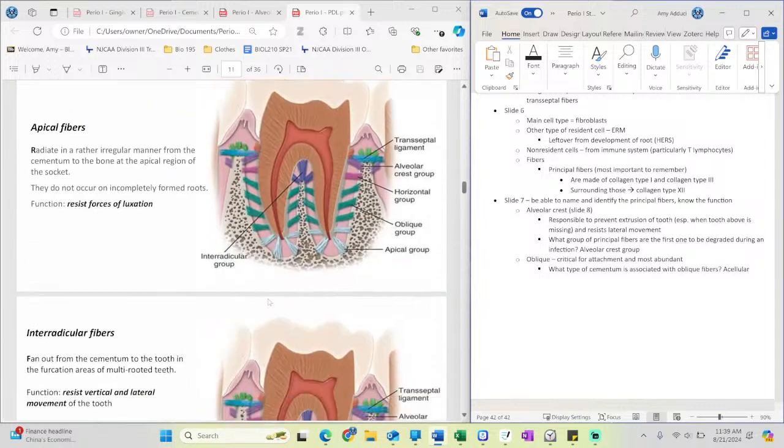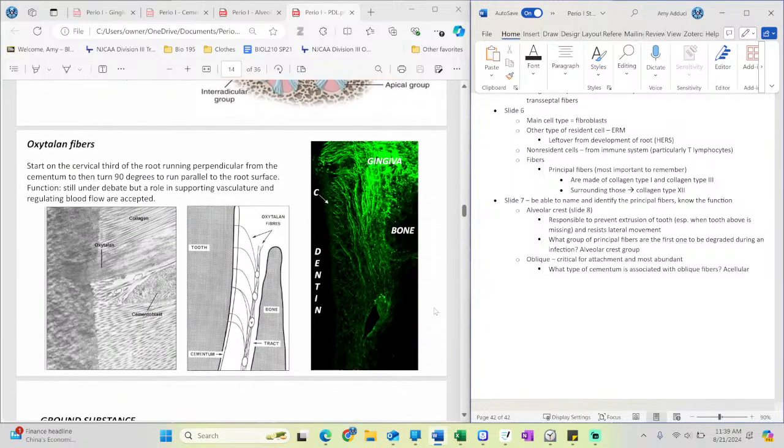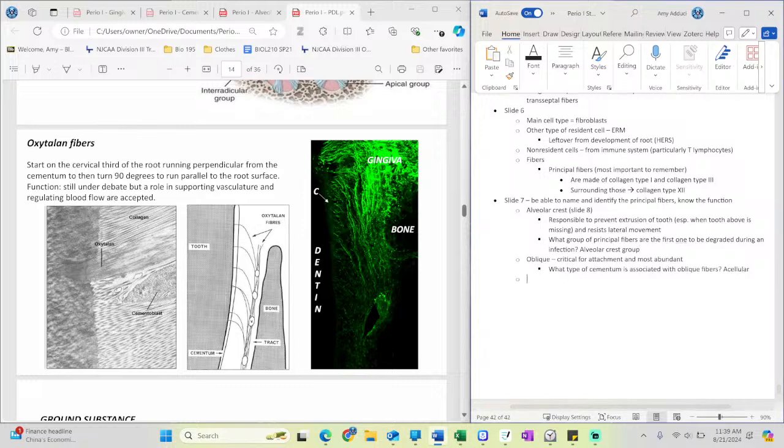The oxytalan fibers, I like them. I do research in them. Regarding the function of the PDL, we are starting to learn what they do. They may have a role protecting the blood vessels from compression. If you remember, collagen fibers and elastic fibers give the connective tissue the capacity to resist tension.